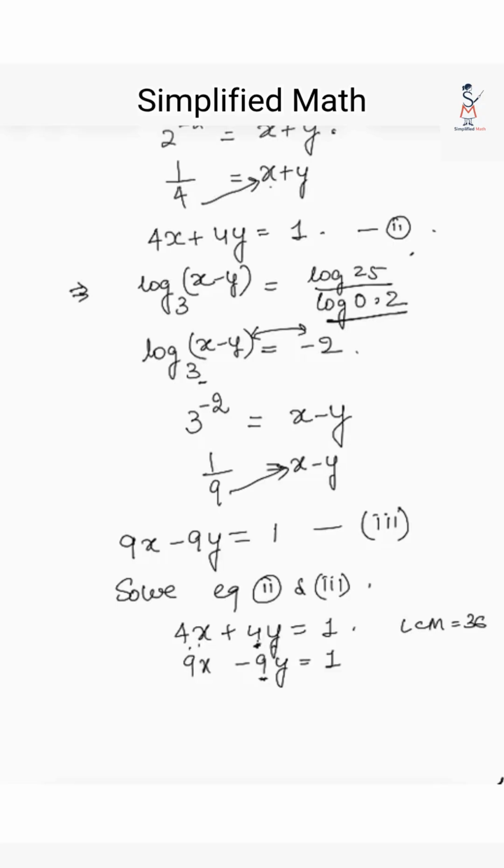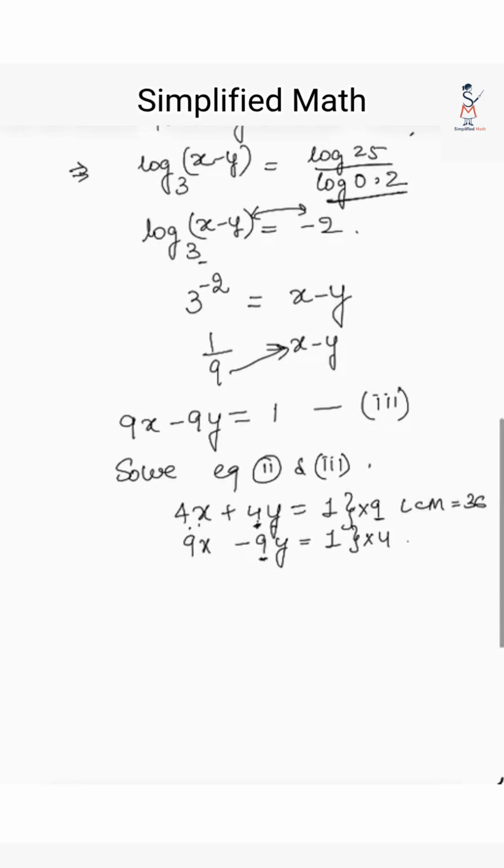Why am I taking y? Because one has a plus sign, the other has a minus sign. It will get cancelled. The whole equation I have to multiply. I cannot multiply only part of it. So to make 4 into 36, I'll multiply this with 9 and this equation with 4. So what it will turn out to be: 9 fours are 36x plus 9 fours are 36y is equal to 9.